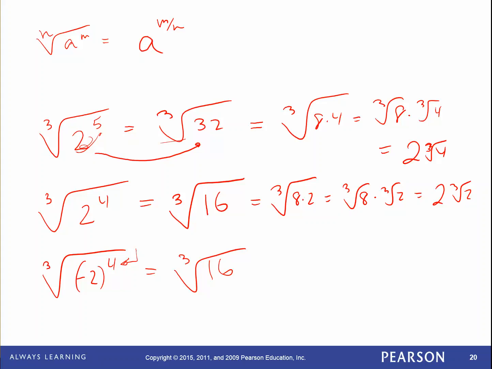That's my same problem when I'm solving equations here. I want to be able to go back and get back to a negative 2, and I can't. So just to finish it off, this would be 8 times 2, which then gives you 2 times the cube root of 2. Everybody good there? But here's my problem right here. I start off with a negative 2, I end up with a positive. My negative just sort of went away.